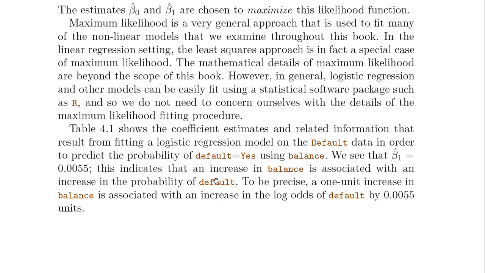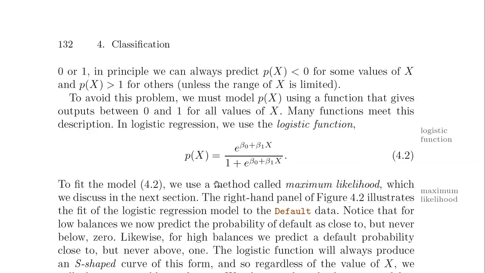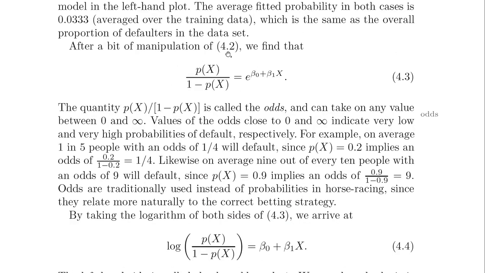Now, do remember, this is a non-linear model. In fact, to be precise, a 1 unit increase in balance does not increase your probability by 0.0055. Instead, it increases the log odds.